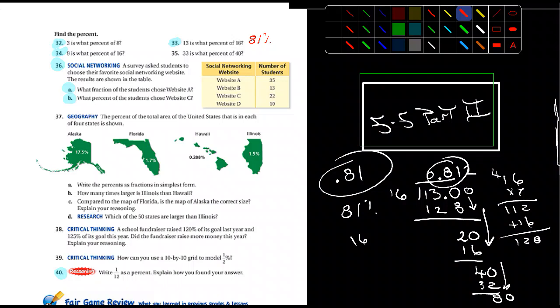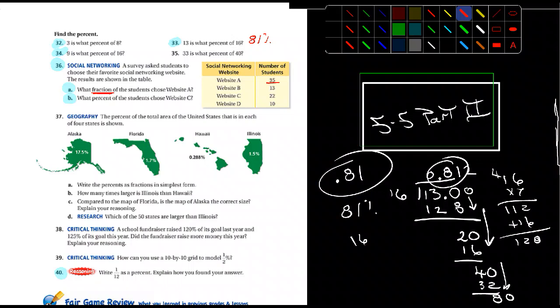Now, let's look at 36 here just for a moment. It says a survey asked students to choose their favorite social networking website. They just call them website A, B, C, and D. And it says the results are shown in the table. And A says, what fraction of the students chose website A? Well, it's 35, but how many students are there?